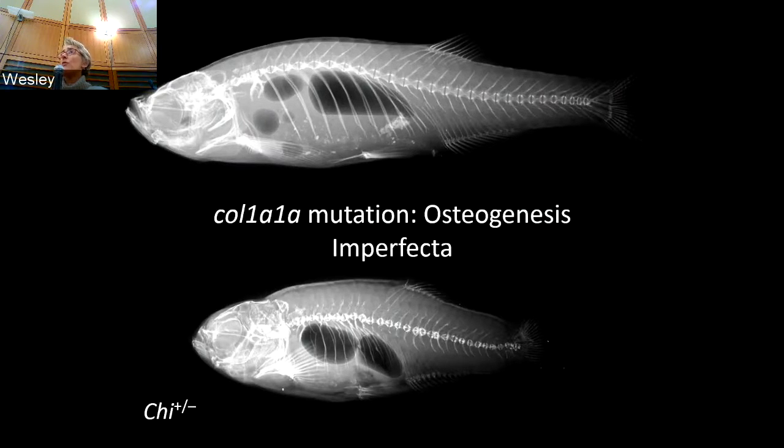It's an accurate model for human osteogenesis imperfecta. So, not only is it a human disease model, but it's also a disease that affects the matrix deposition and mineralization process of the bone. So we thought that could be a particularly interesting comparison between the gene expression from the confocal and the bone deposition that you see by micro-CT.